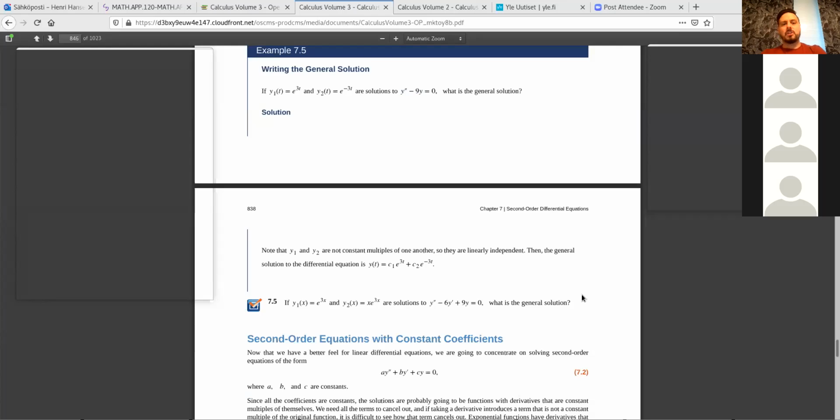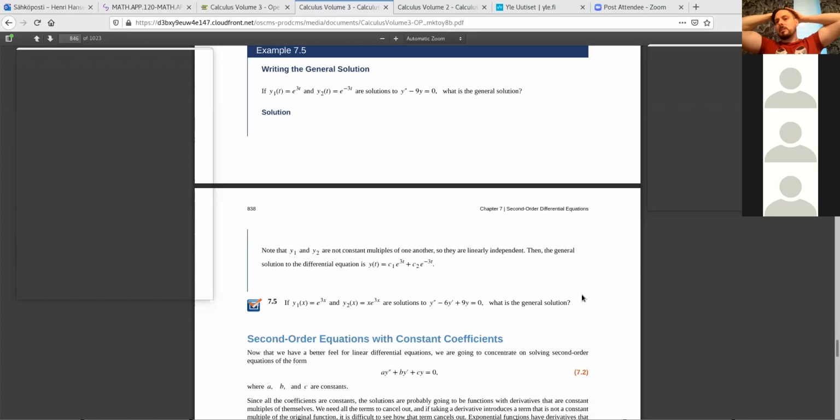Now I'm not going to go into the way we can solve them. I can't go there because there is no way we could solve a general second order linear differential equation unless the coefficients are constant.